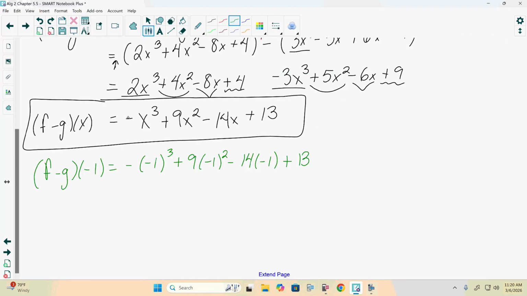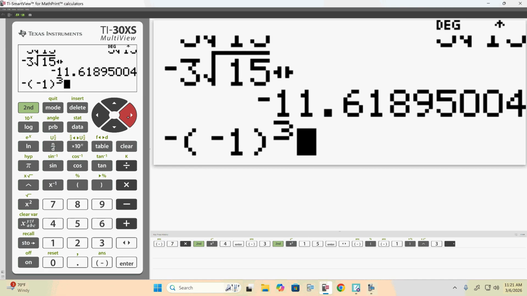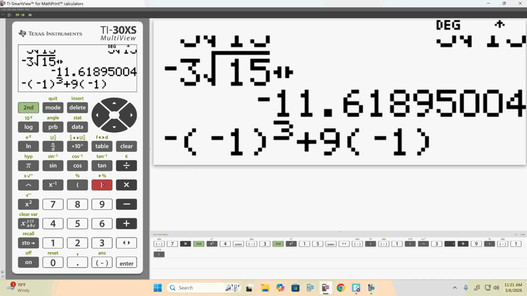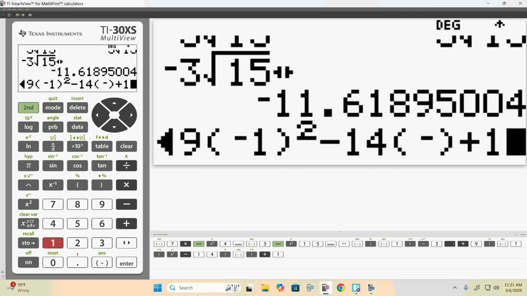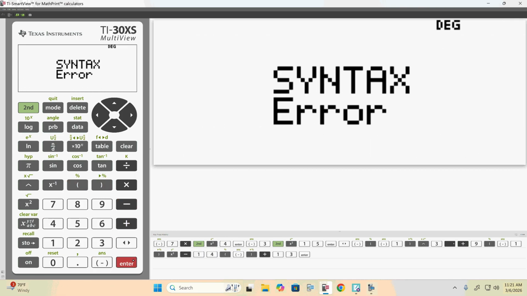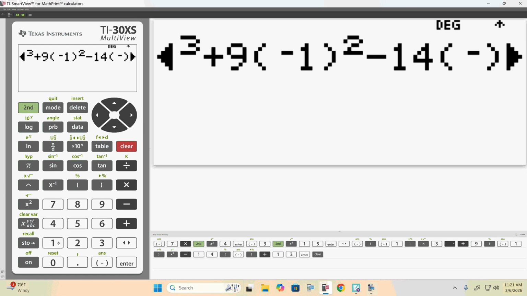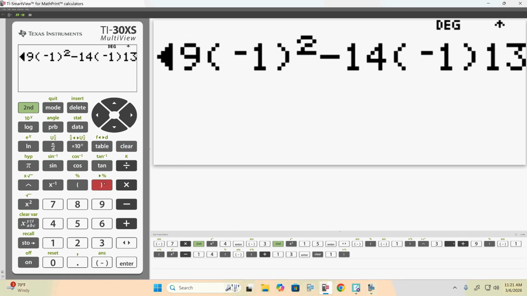And I lost all of my numbers. 9, negative 14, 13. Let's see here. Might be helpful if I actually put it in.